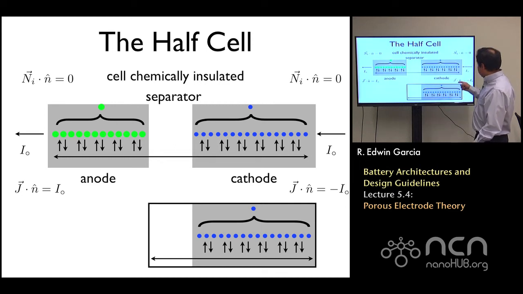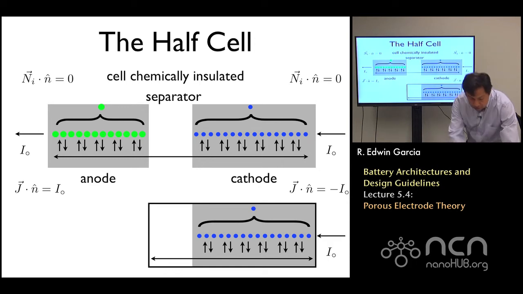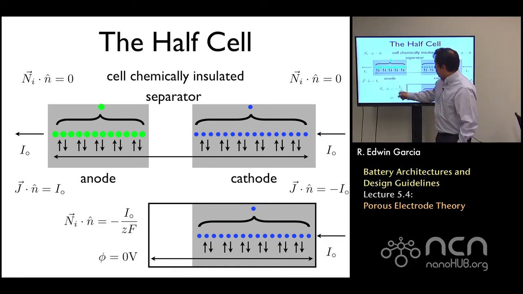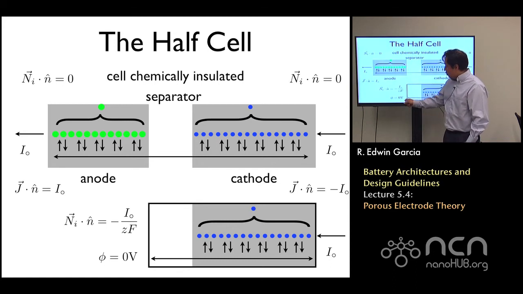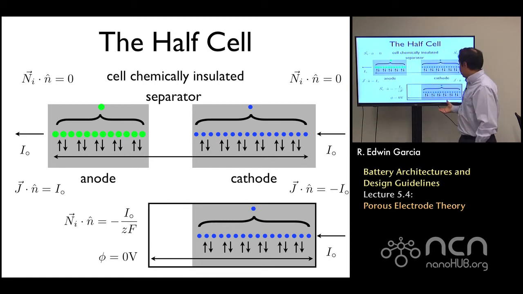These two boundary conditions are the same, except that now on this side you put an ionic charge boundary condition as a result of the ions moving in this direction, and you ground it so that you can look at not the overall cell, but half the cell, which is what many people do if they're trying to engineer the electrode of the system.